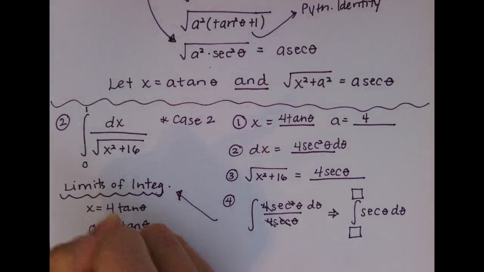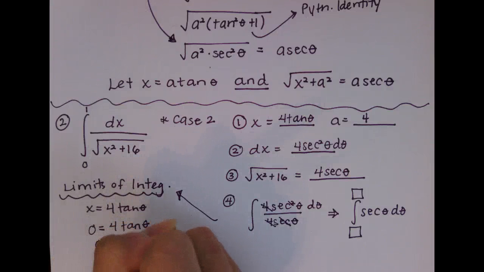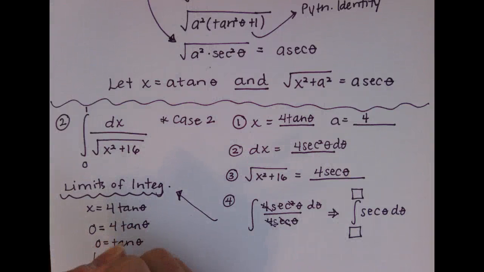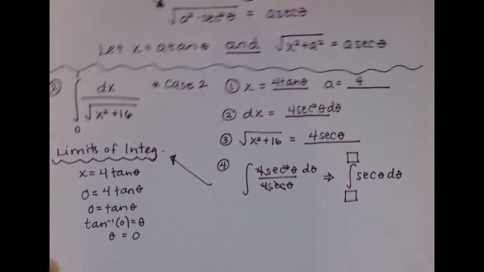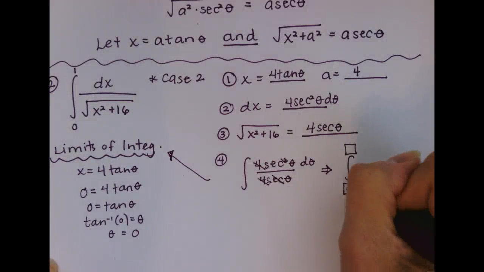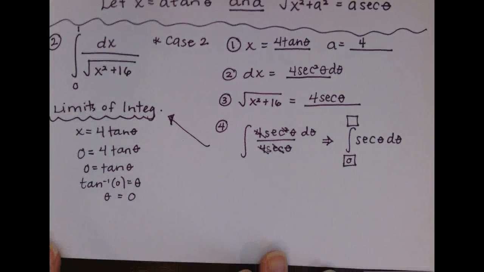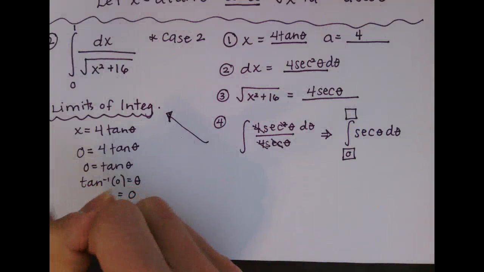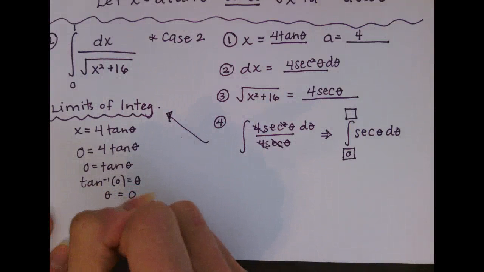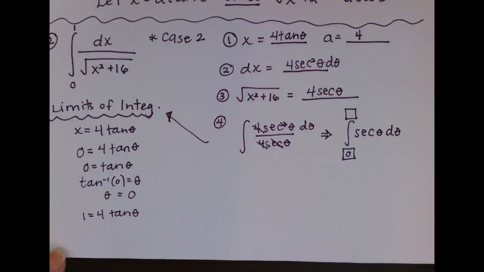If I divide by 4, I'm going to get 0. And if I do an inverse tangent of 0, I'm going to get 0. So my lower limit of integration remains 0. Let's take a look at the upper limit of integration. This time, I'm going to let x equal 1.